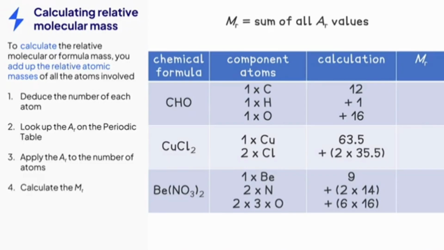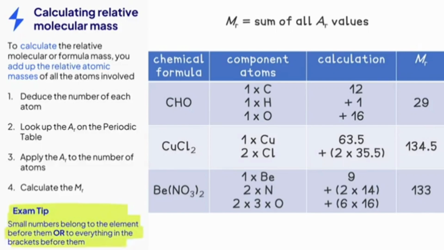Once you have the calculation, you can work out the Mr. CHO is 29. CuCl2 is 134.5. Be(NO3)2 is 133. Take your time with compounds that contain small numbers and brackets.